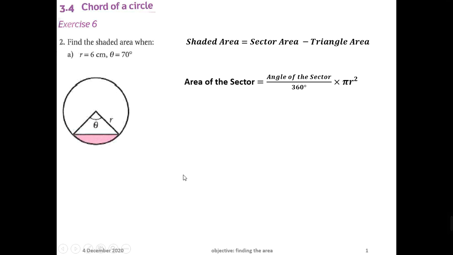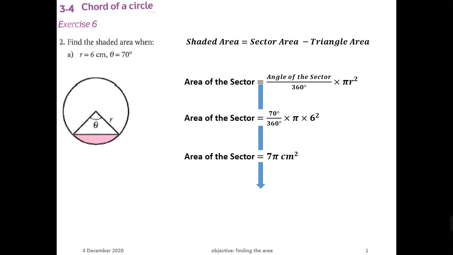So after writing the general formula, all I need to do is substitute. It's going to be 70 over 360 multiplied by pi times 6 to the power of 2. Insert this in the calculator, and you can leave your answer in terms of pi because you're going to use this number again in the question.